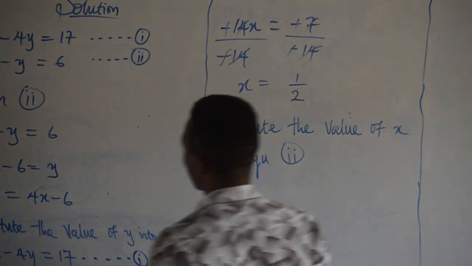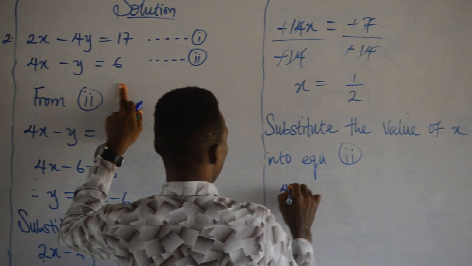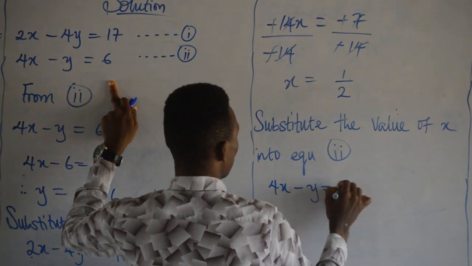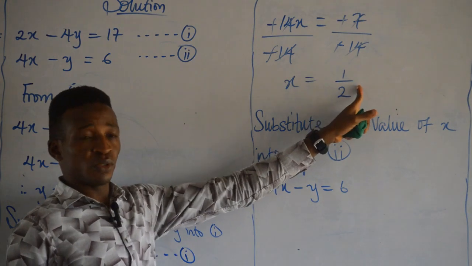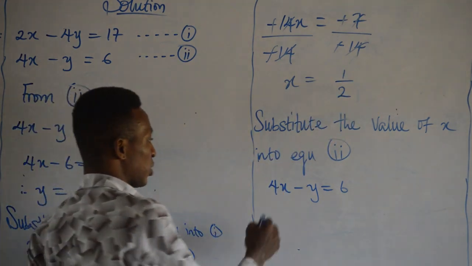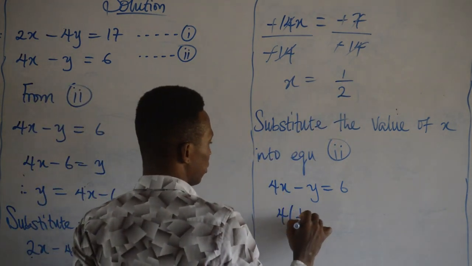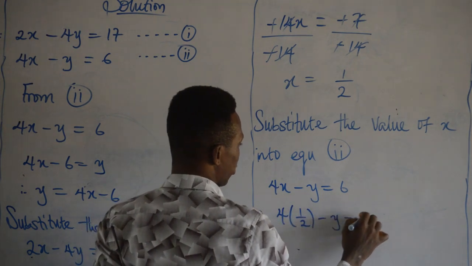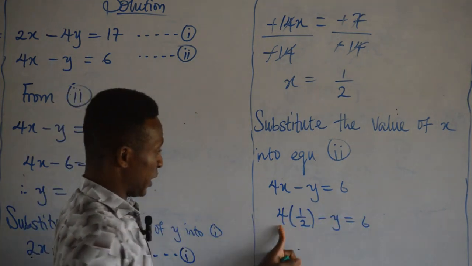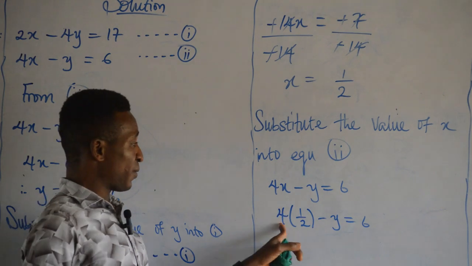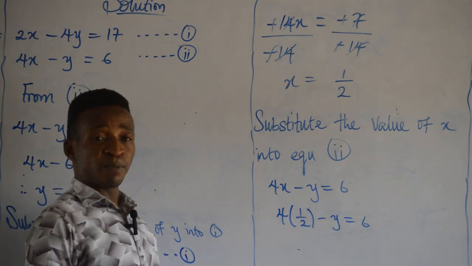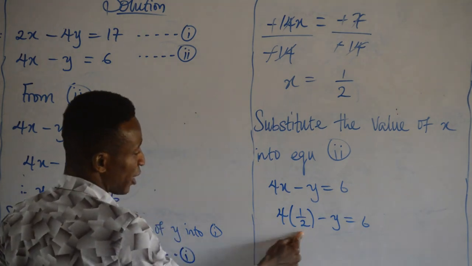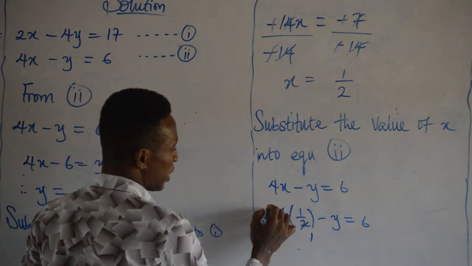If I'm using equation 2, that now becomes 4x minus y equals to 6. So my x here is 1 over 2. Anywhere I see x, I will replace it by 1 over 2, minus y equals to 6. Now 4 into brackets 1 over 2 is the same thing as 4 times 1, that's multiplying the numerator, or simply put, you can cut this 4 and 2 here. That means 2 here 1, 2 here 2.